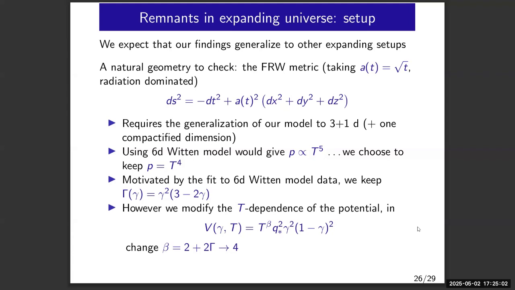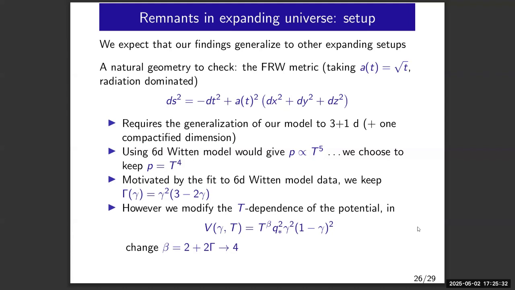This is also motivated by the fit to the energy momentum tensor throughout the 6-dimensional variant of the Witten model. We keep the relation between the two gammas to be the same, but we modify the temperature dependence in the potential in such a way that instead of beta equals 2 plus 2 gamma, we just set beta equals 4.